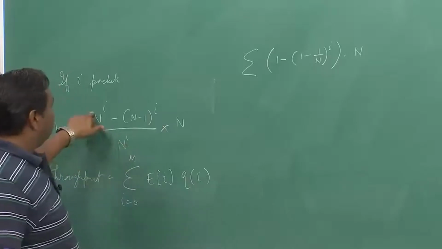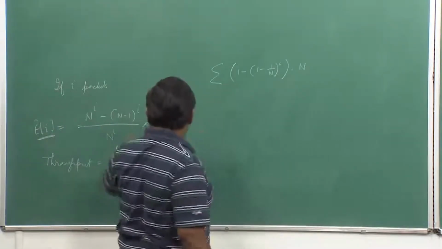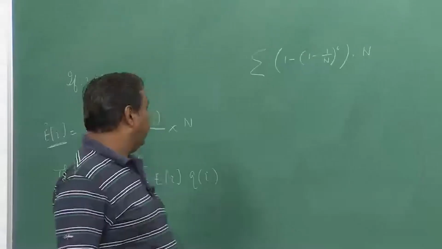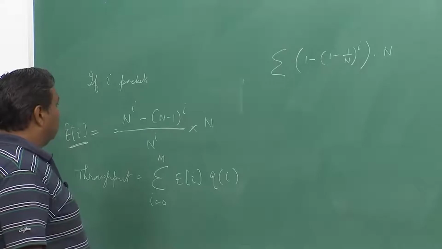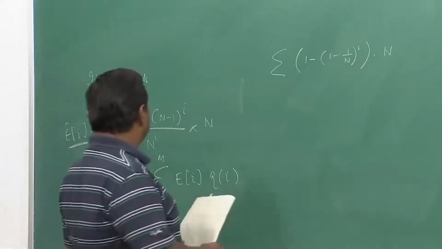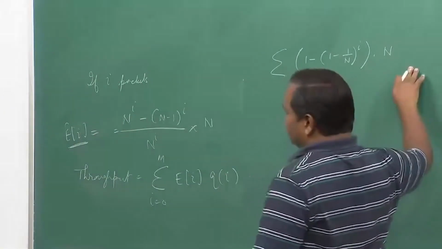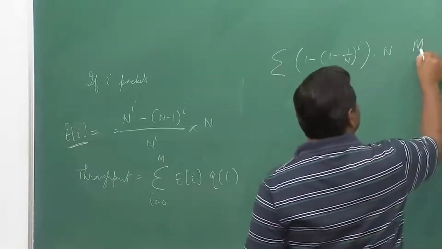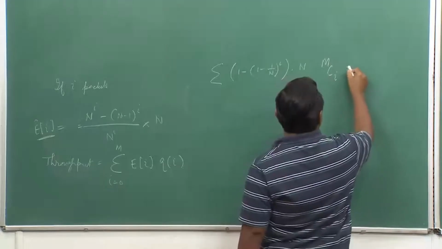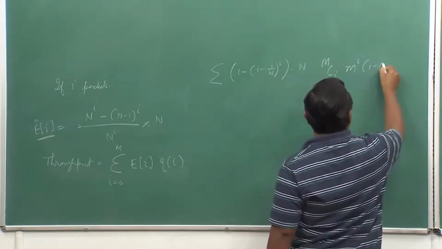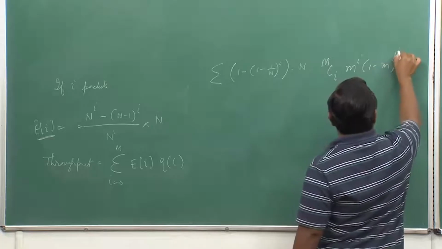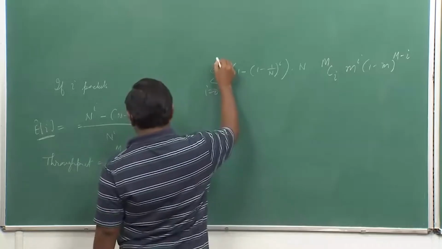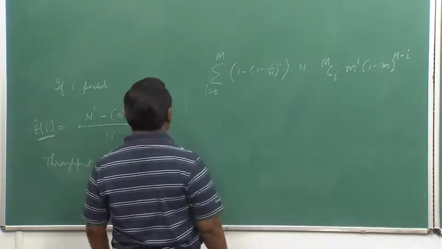So, this n raised power I, once you put it, you will get 1, and this can go inside. So, 1 minus 1 over n, that is what is there, total power I, which will be there, right, and this is the n. So, this total is E I, and then of course, I put in the value of Q I, which is m C I, m raised power I, 1 minus. So, this is what is going to be the throughput.